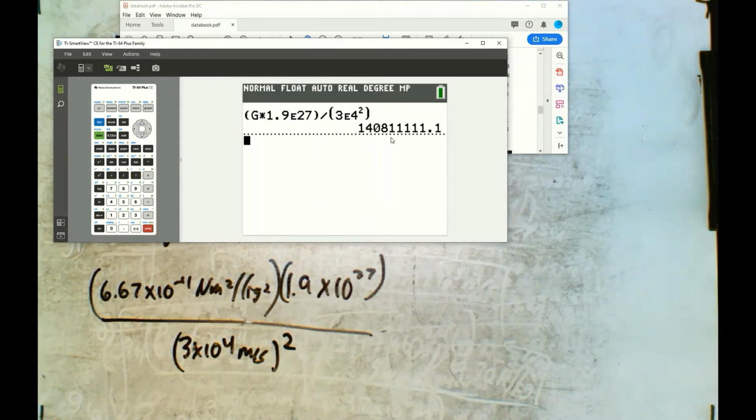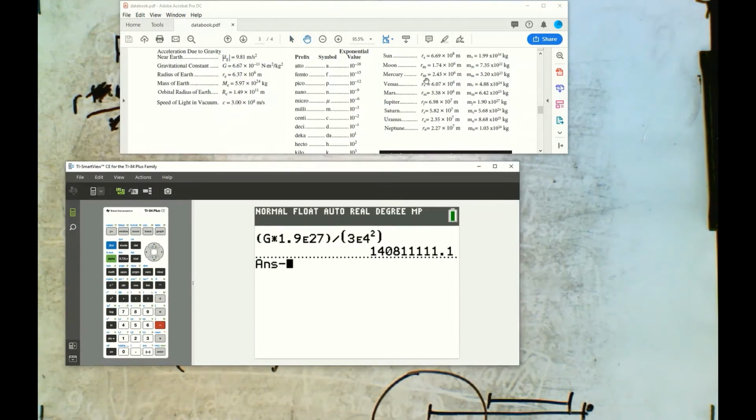And then that's my r value, right? But I don't want that. That's Jupiter, that's our probe. We found this distance here. We only want to find this distance. So we have to subtract the radius of Jupiter. So the radius of Jupiter is 6.98 times 10 to the 7.